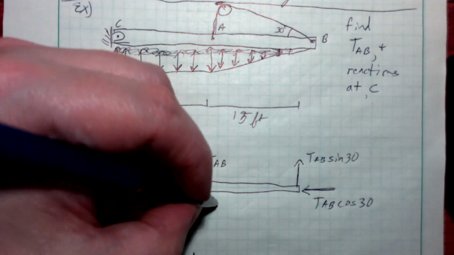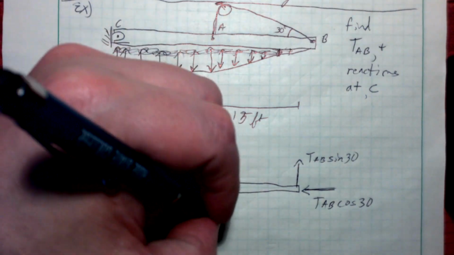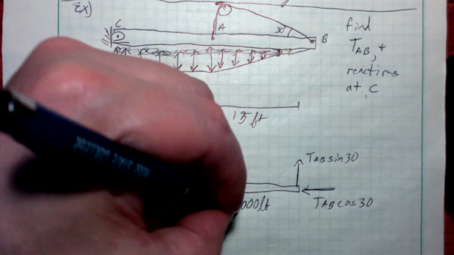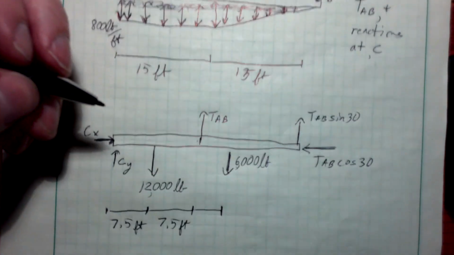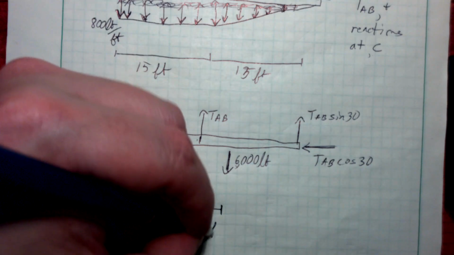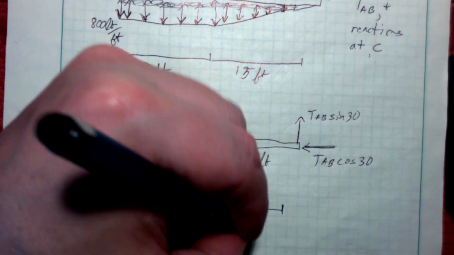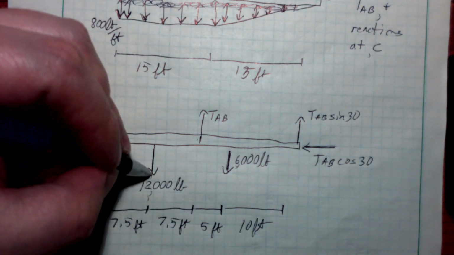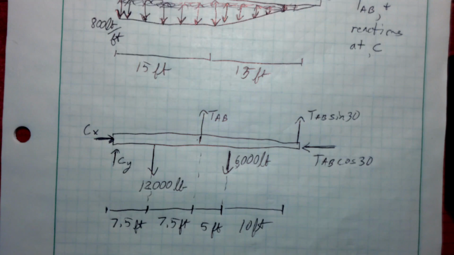So I'm going to put this 6,000 pound force here. There we go. 6,000 pound force there. And that is a distance from point A. It's 1/3 of that 15 feet, so it's only 5 feet from point A. And then there's the last 10 feet to get out there to the end of the beam. If it helps, you can dot lines up in here so you can see where those are going to. I've had to move it down a little ways.